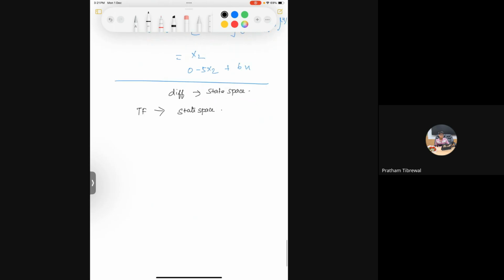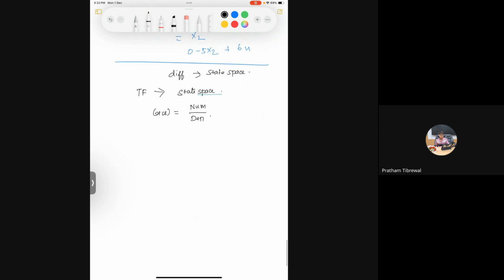That's relatively simpler than this, because your transfer function is G of s, some numerator by denominator, it will be represented, right?